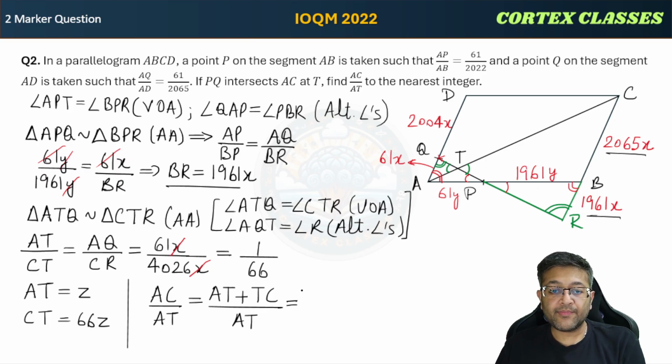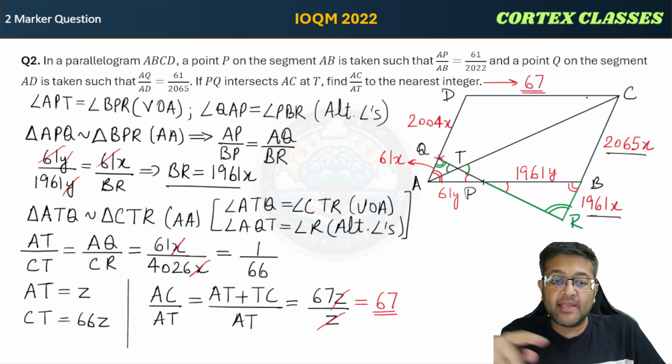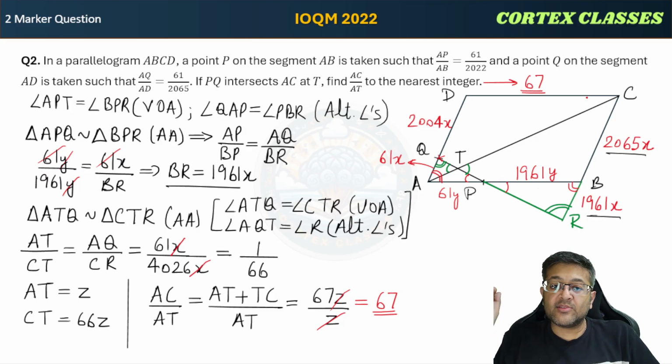You can also directly do CT upon AT. So what is AT plus CT? Z plus 66Z, that is 67Z upon AT, which is Z. So guys, what is the ratio that we are getting? That is 67. You can see the final answer that we should be getting is 67, right? So guys, the final answer for this question would be 67. That is, AC is to AT is going to be 67 to the nearest integer.